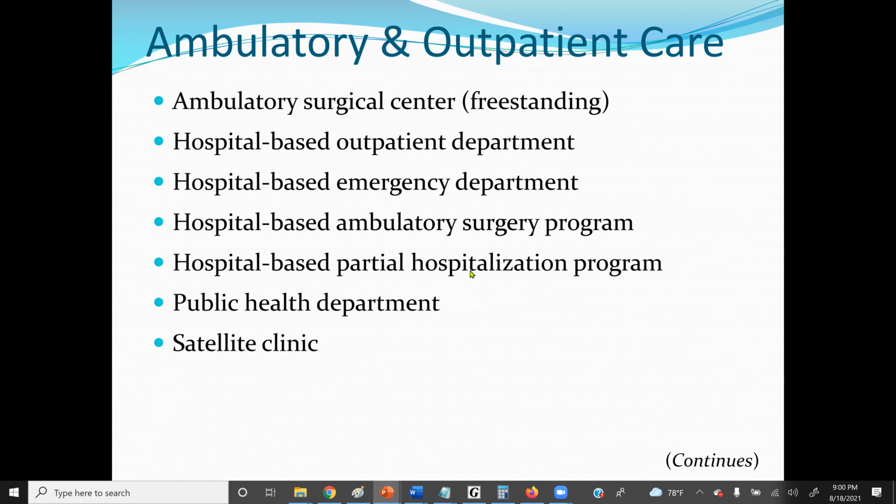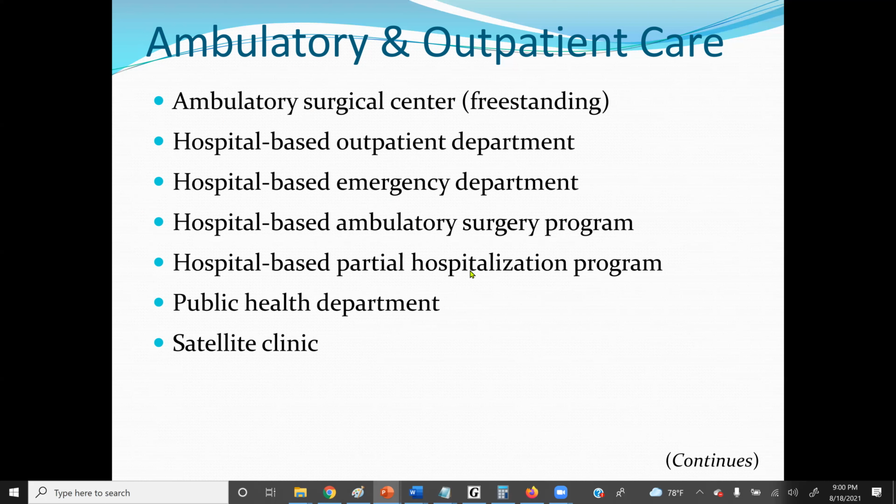We have a hospital-based partial hospitalization program and also public health departments. And then a satellite clinic. A satellite clinic will be part of the hospital, but the location is not in the hospital, maybe some distance away from the hospital. It can even be in a different city or different town.